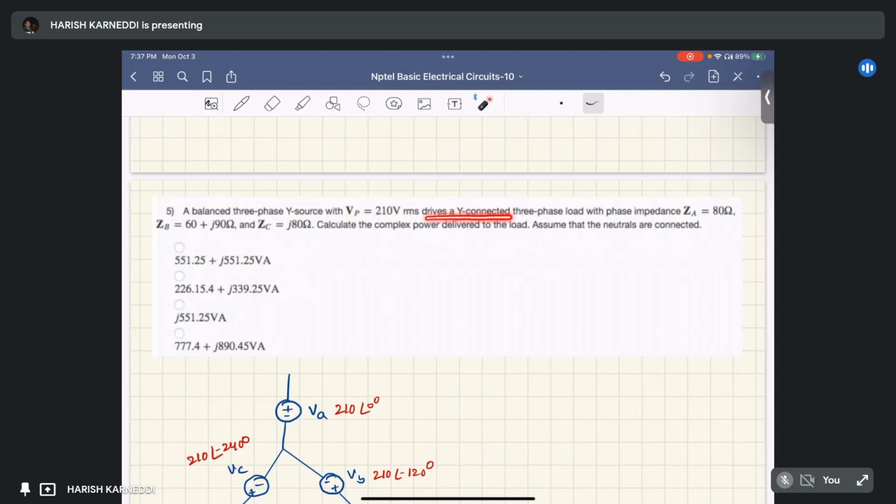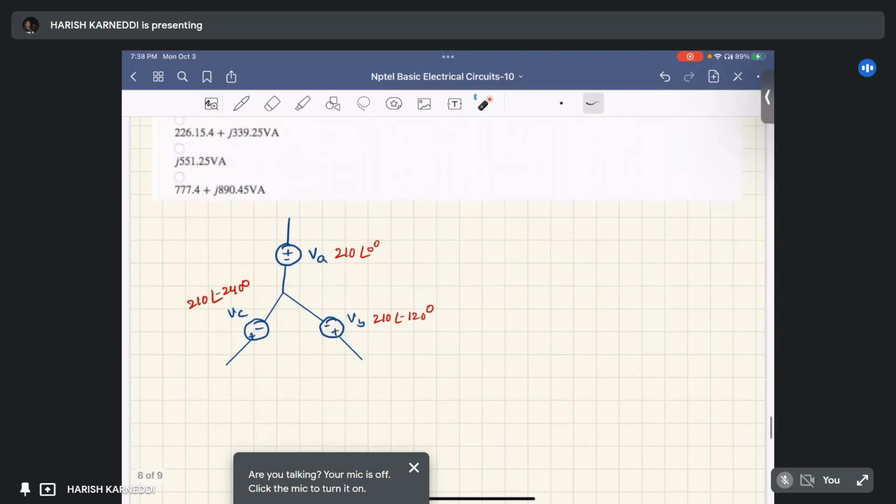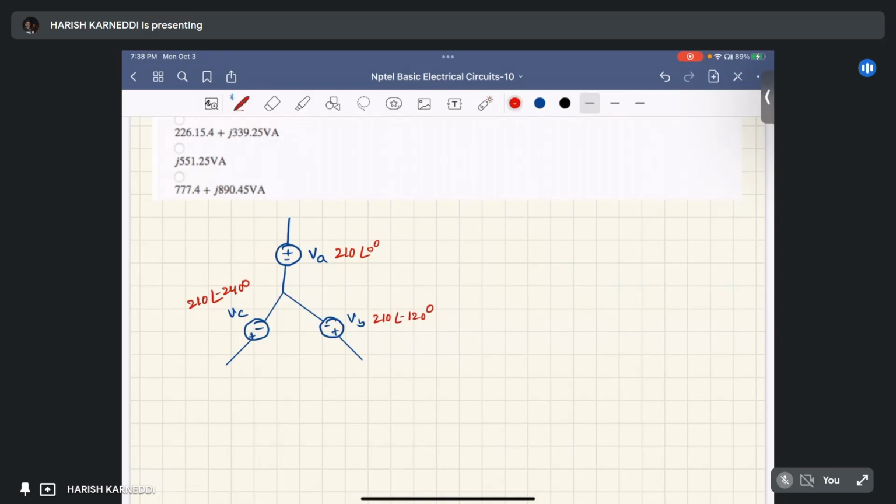And coming to the next part, a balanced three-phase star source with VP equal to 210 volts RMS drives a star-connected three-phase load with a phase impedance. Means we can draw the load as well.